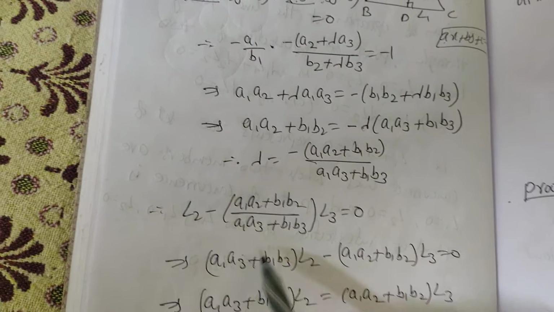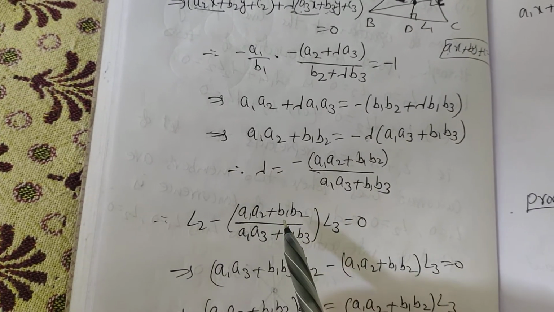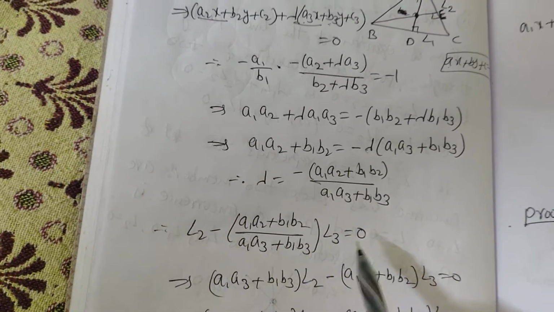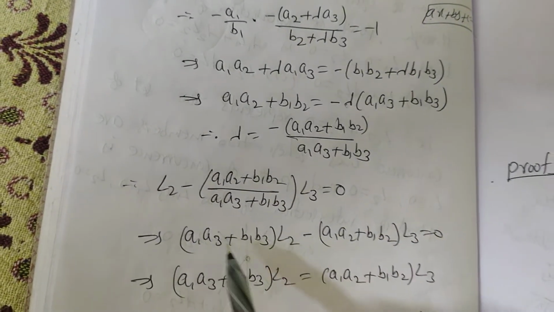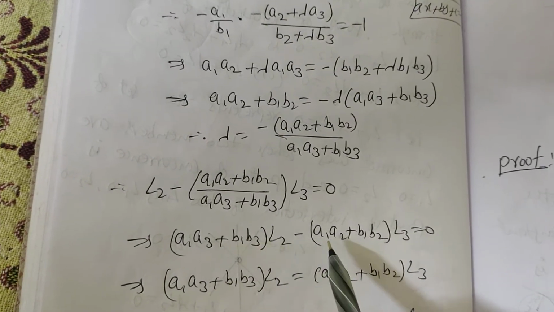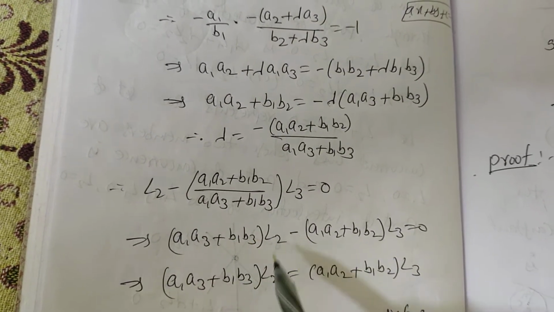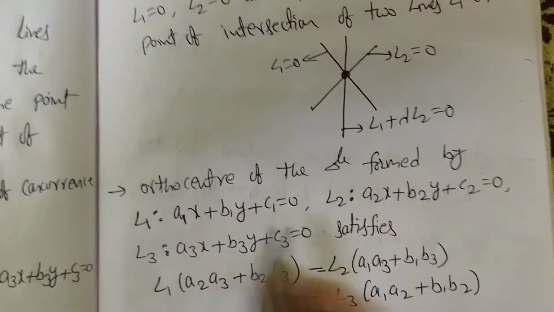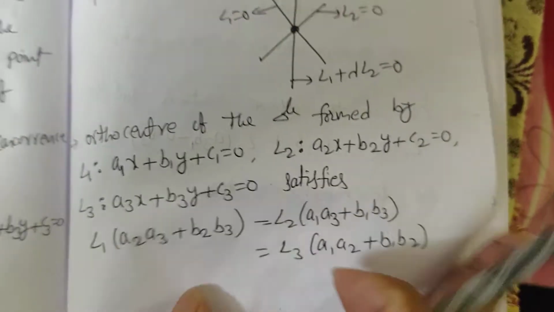If you take LCM, you have L2 into a1 a3 plus b1 b3 minus of a1 a2 plus b1 b2 into L3 by a1 a3 plus b1 b3 is equal to 0. So this denominator transposes to the right side, 0 into anything is 0 only, then we have this step. After that you transpose the negative term to the right side. What you have is a1 a3 plus b1 b3 into L2 is equal to a1 a2 plus b1 b2 into L3. So I proved these two conditions.